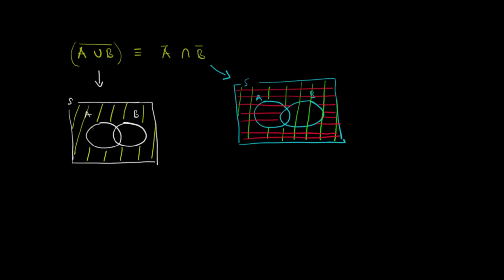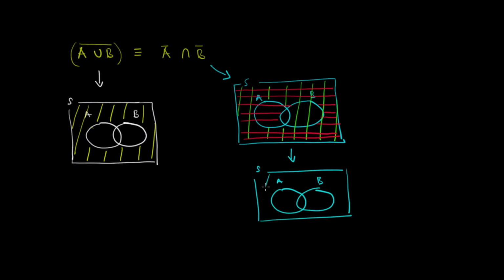So if we want to sum up things, this is actually going to be like this. A, then B. We are actually just shading outside the union. So by so doing, we have proved that the complement of A union B is the same as the complement of A intersecting the complement of B.